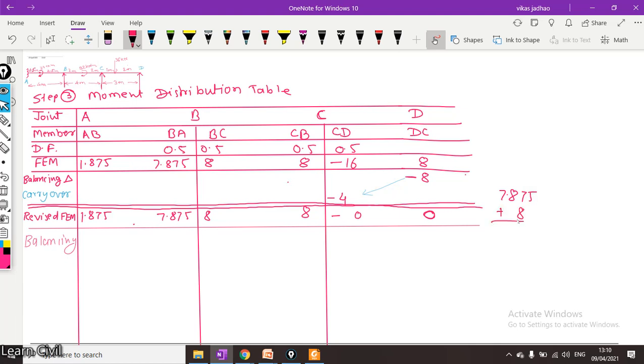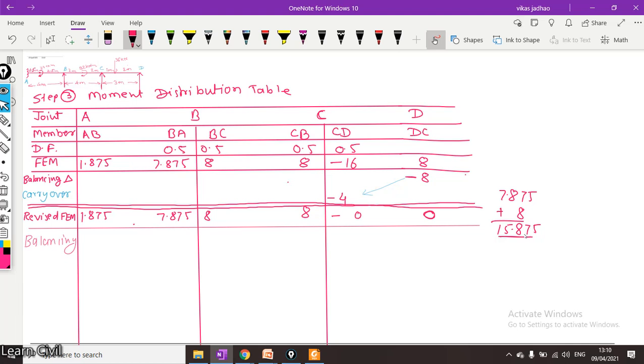So we have to apply a balancing moment on the opposite side. This will be equal to 15.875. This will be the unbalanced moment here.